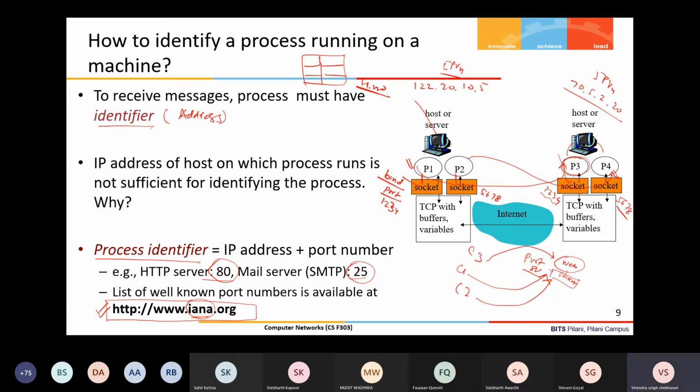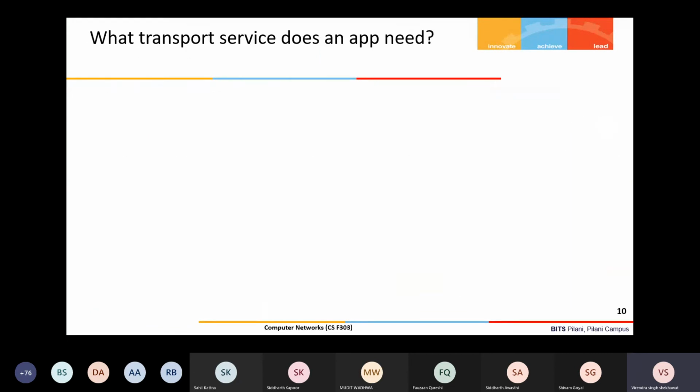More on this we'll do in socket programming. When we do that, we'll understand all these combinations and their implications, how a multi-threaded server works and how a single thread server works. Then you will get more clarity on that.